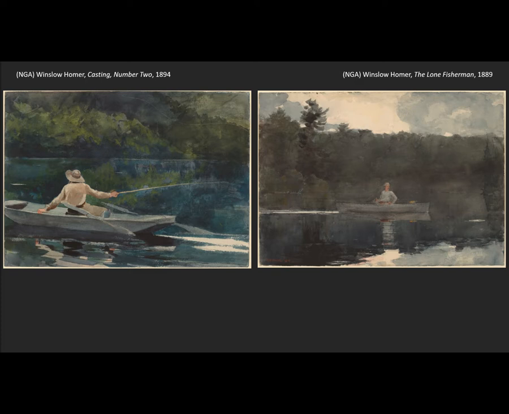And the way he's doing this is he's scratching back through the surface of the paint, right? This is watercolor on paper. So what he's done is he's come back through with a blade, something sharp, to reveal the paper underneath again, to give you that glow that comes off of the line.